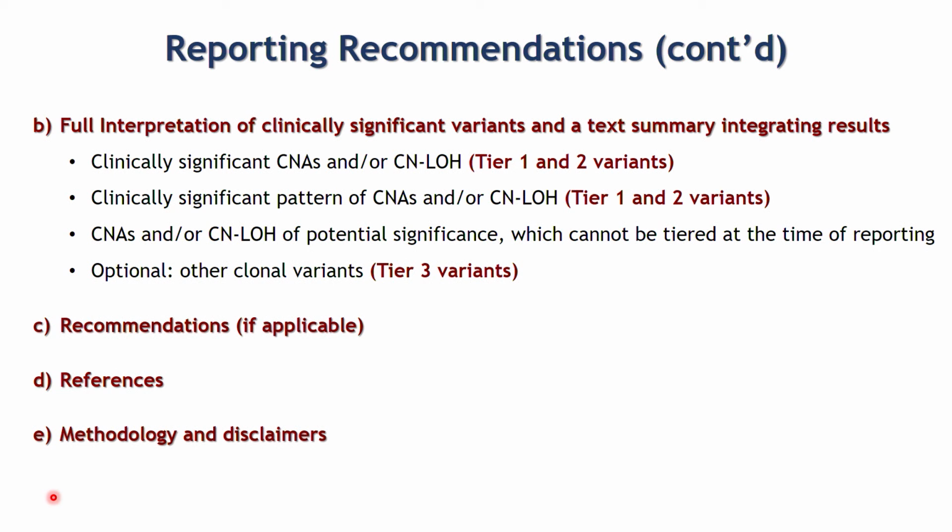The second component that you will typically have in your report is interpretation. So we recommend including interpretation for all tier 1 and tier 2 variants, so the ones that have clinical significance. And then for clonal variants, tier 3 variants, you may or may not want to include some interpretation. You will include recommendations for follow-up testing as needed.